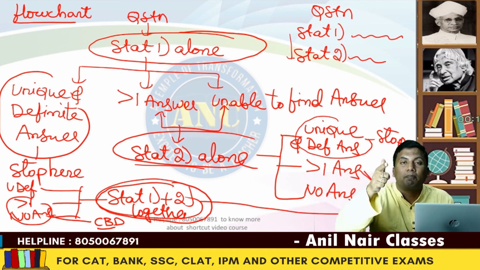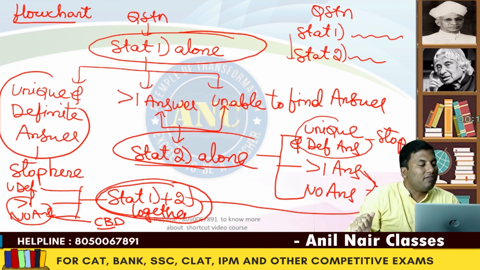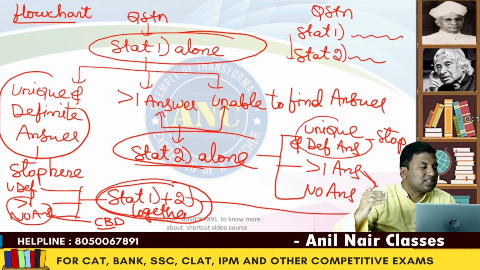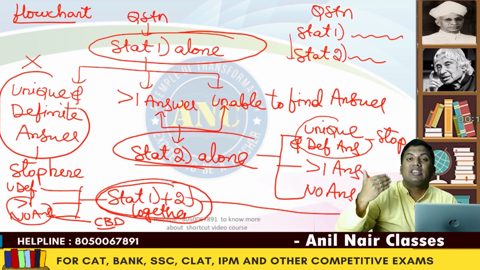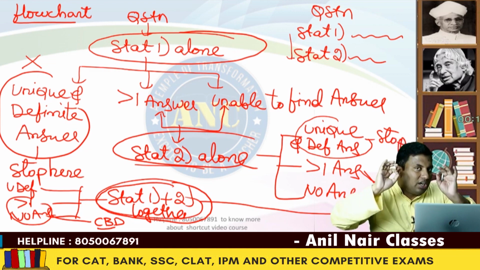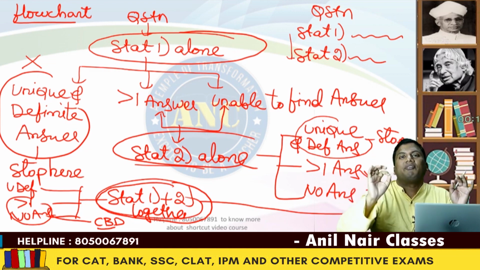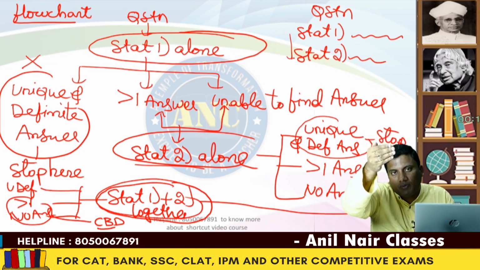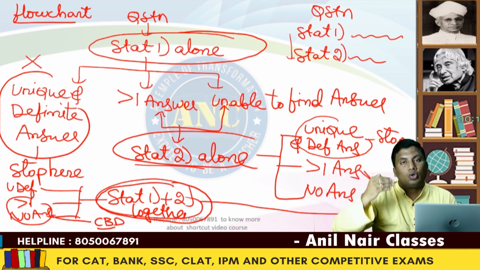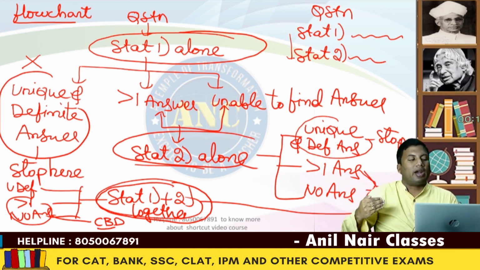What is the next important key point? You go to statement 2 only when this condition fails. What is this condition? Uniqueness and definiteness should be there. If there is no uniqueness or definiteness, then statement 1 alone goes to statement 2 alone, then to both together, then to cannot be determined.